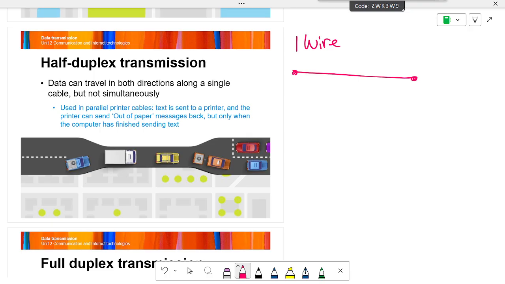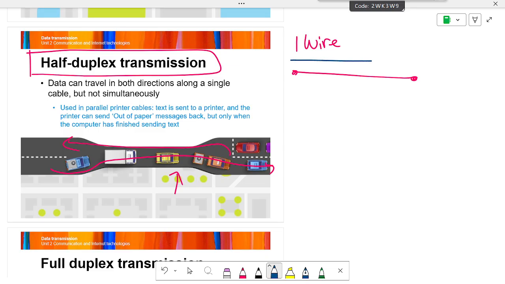We have a green light, red light kind of idea where we can go and then we'll have to control it to stop, and then the data can come back. Half duplex, you need to write: half duplex transmission is one wire, but the data can go to the device and back on one line. Okay? Let's just write that down.